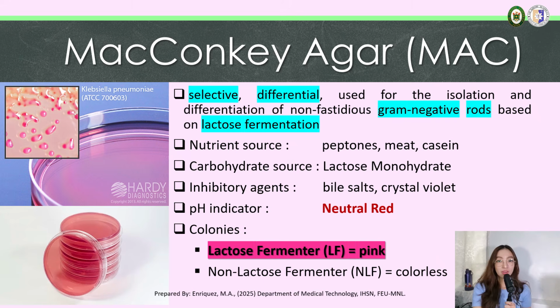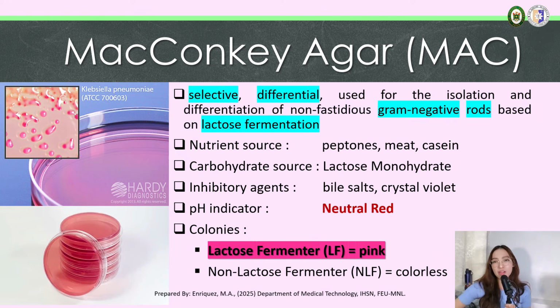The McConkey agar, or MAC, was the first solid differential media to be formulated, which was developed in the 20th century by Alfred Theodore McConkey. So, ang pangalan po ng McConkey agar ay nanggaling sa pangalan ng person na nag-develop nito.